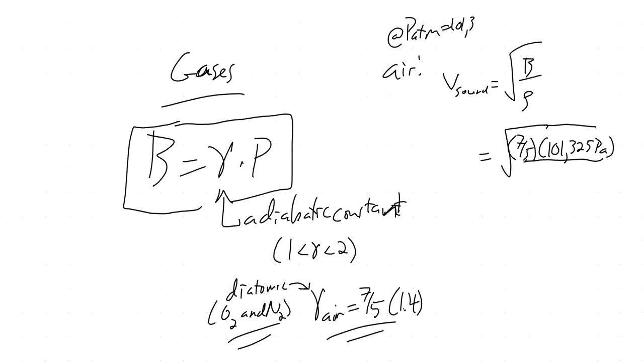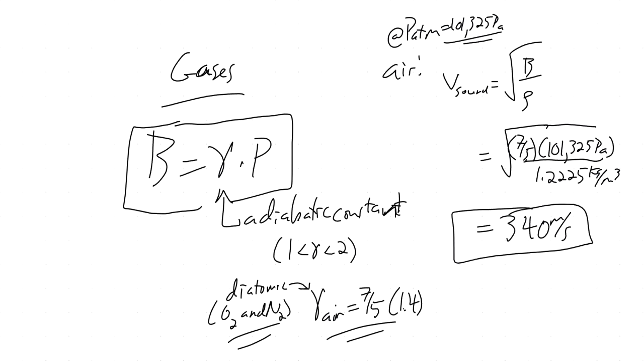Divided by 1.225 kilograms per cubic meter, and I get the speed of sound in air. If I calculate this, I think I get 340 meters per second.